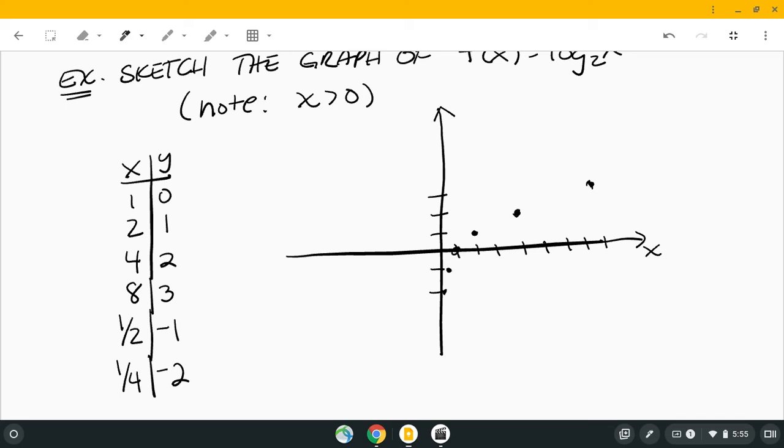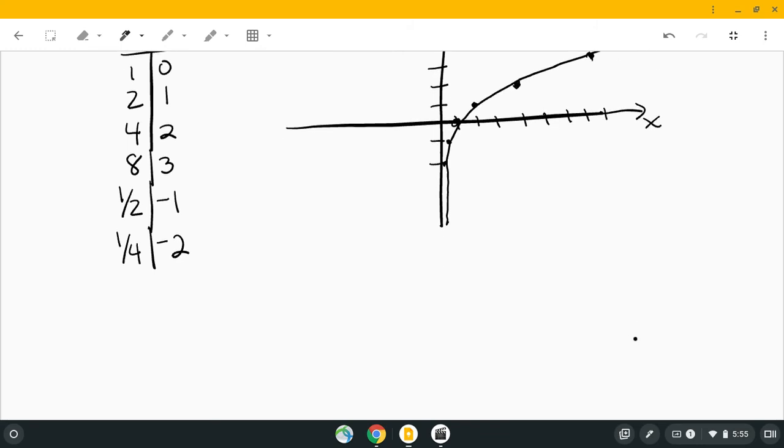So what's happening is we end up having kind of like the exponential graph, except it's sideways. If you turn it sideways, it does that. Very similar to the exponential graph, but like I said, sideways. So again, x is greater than 0, so we see here that the graph is somewhere over here. All right, let's take a look at this next graph.